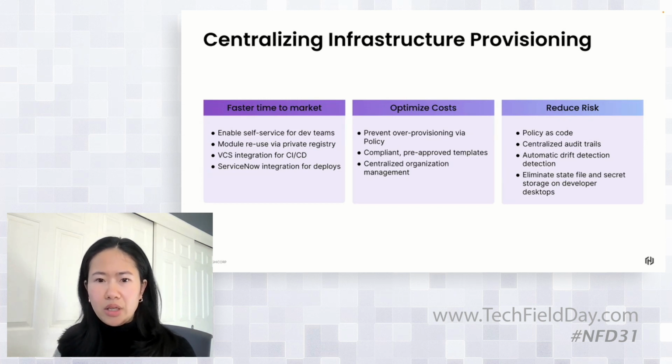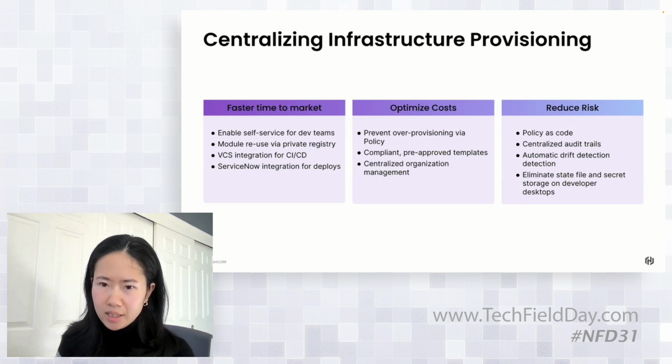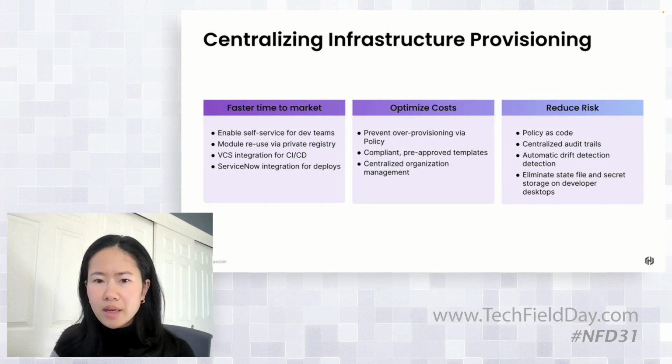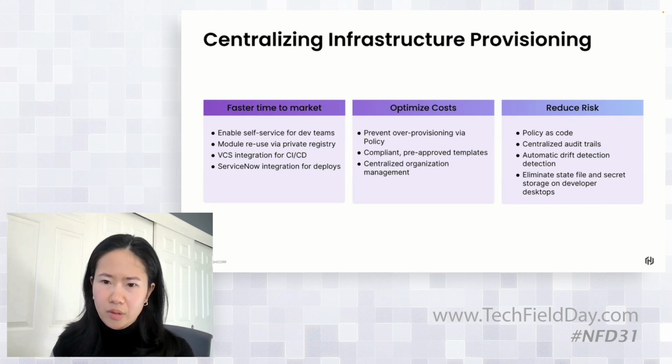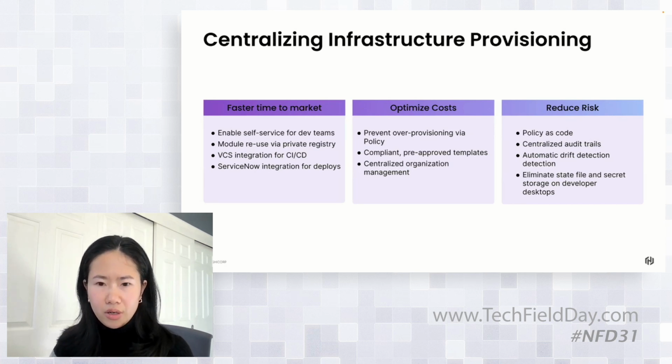They can implement guardrails and use policy as code to prevent any over-provisioning, and they can also embed best practices into modules that developers can reuse. And of course, moving your provisioning into a centralized cloud team on a central platform helps with overall visibility, so you can see where a lot of these costs are occurring and what is the best way for your organization to optimize your spend.